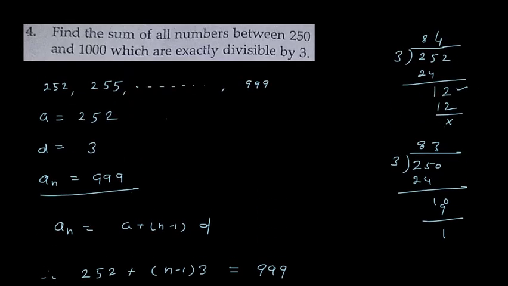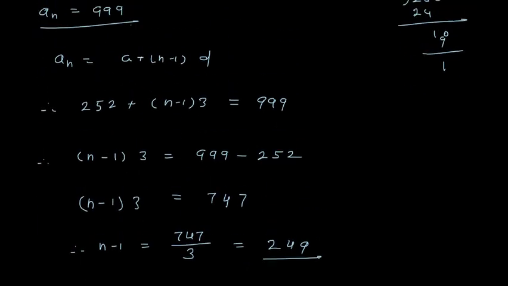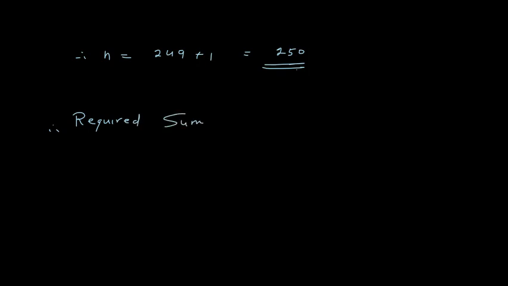Okay. So the sum of all numbers between 250 and 1000 which are exactly divisible by 3. Now I get the value of n. So therefore the required sum, that is Sn, we say Sn is equal to n divided by 2, 2a plus n minus 1 d.